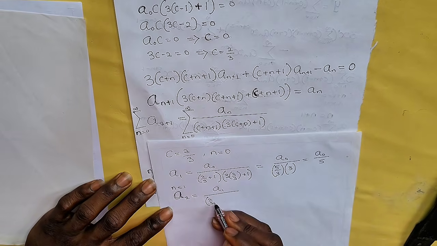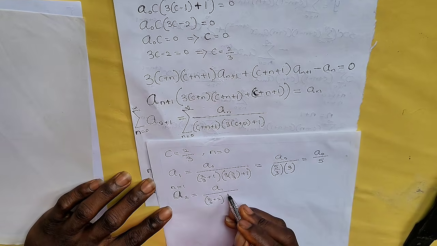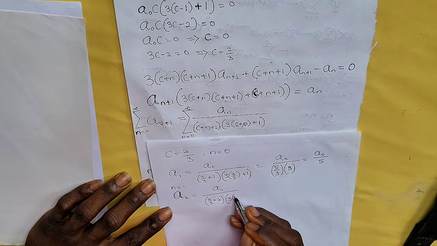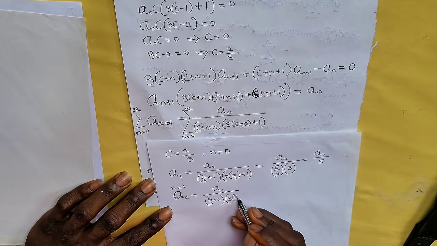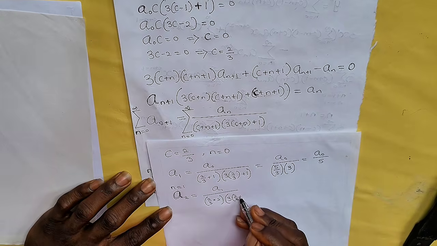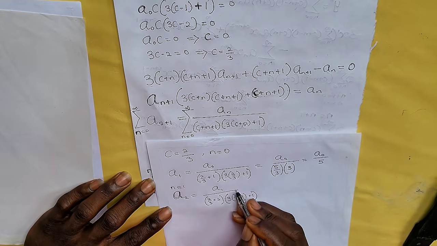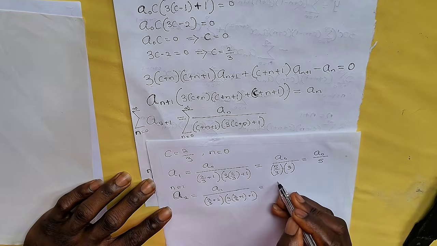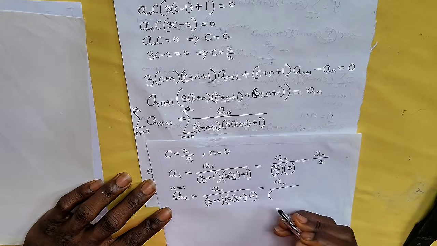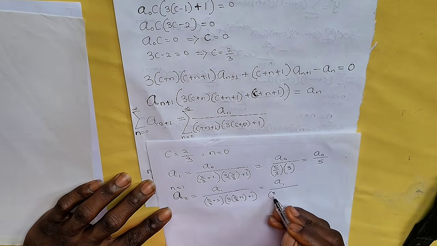And n as 1 now, 1 plus 1, that's plus 2. Then here I'm going to have 3 into bracket 2 over 3 plus 1, is it not? 2 over 3 plus n, so that's plus 1 plus 1. So if I simplify that, I'm going to have a1 over, so I'll look at the first bracket, that's 8 over 3.